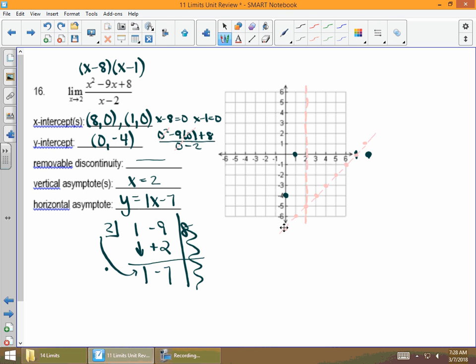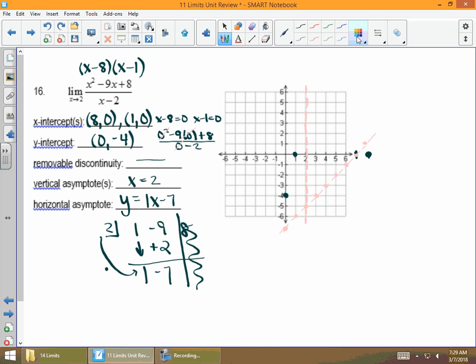Okay, we have a pretty good picture of what's going on the left side of 2, but I don't really know what's going on the right side. So let's fill in some blanks by doing a table. I have what's going on at 0.